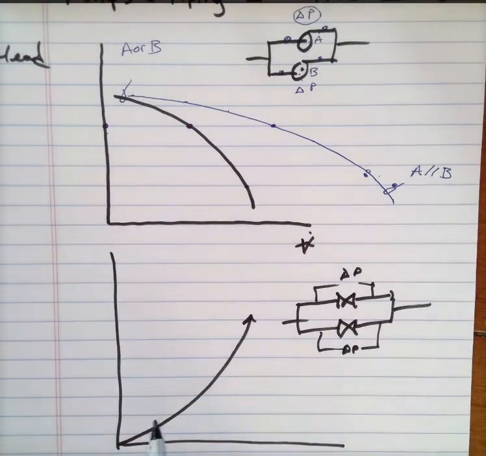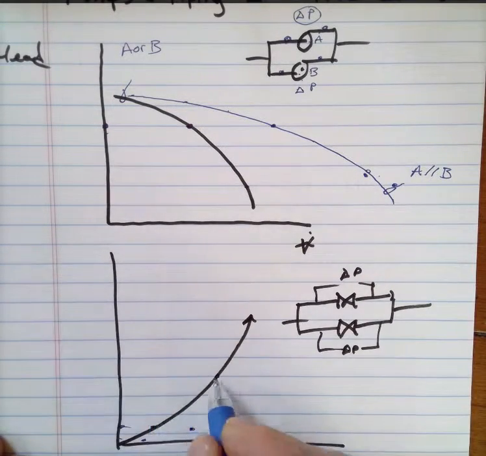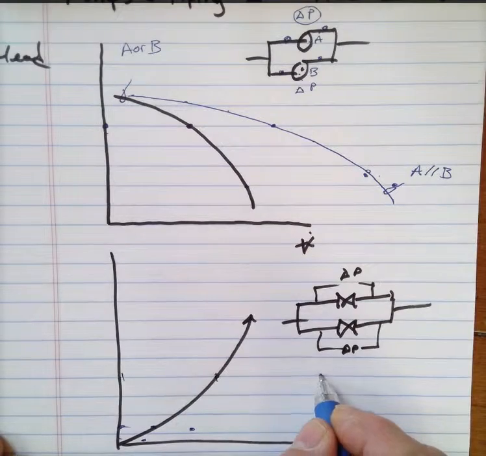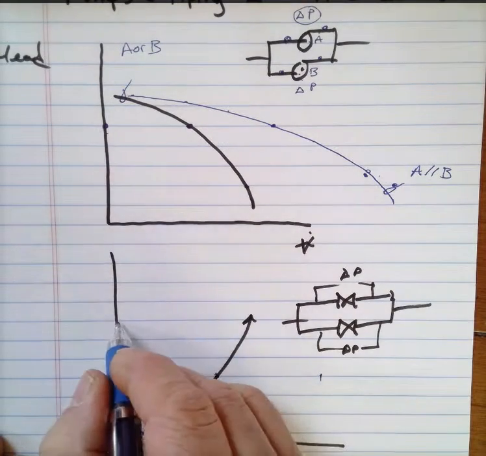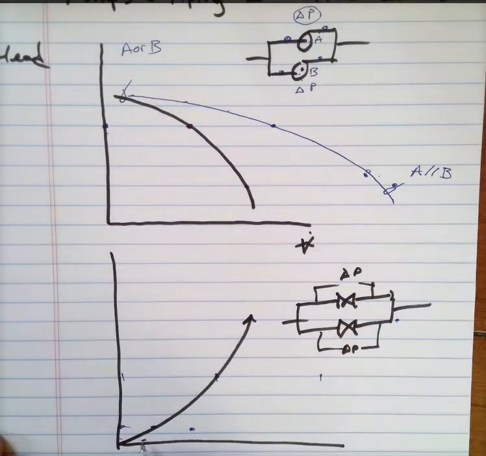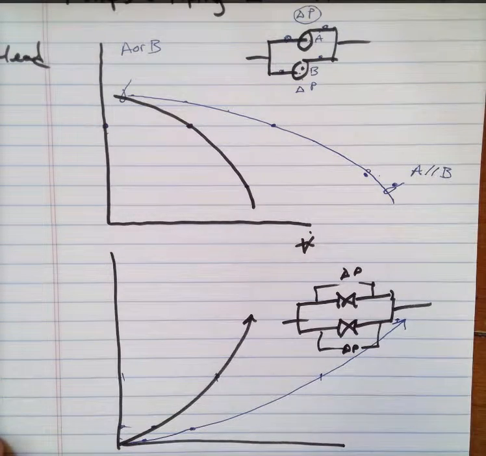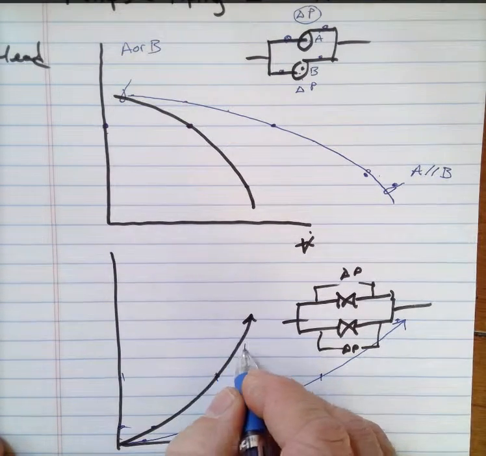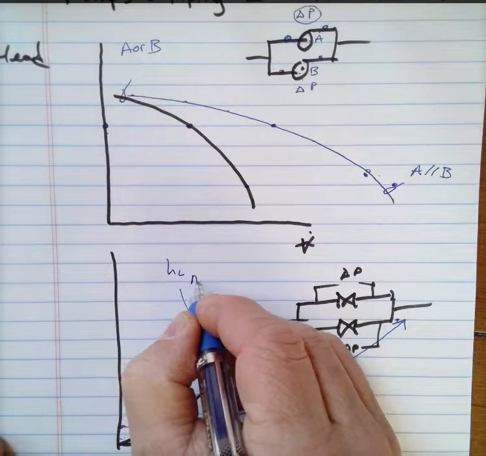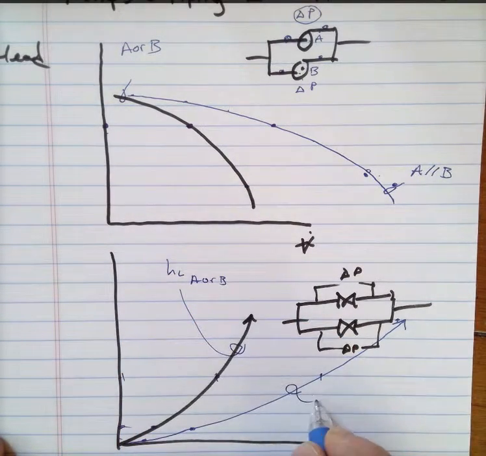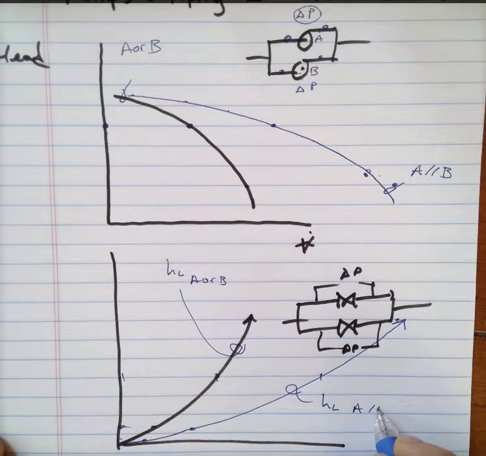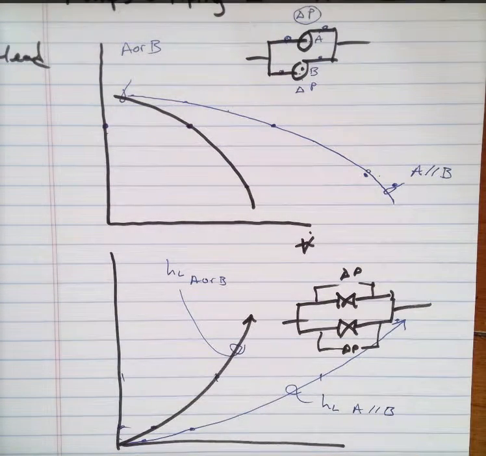So just like we took any point here and said, this is the flow rate, now we double it. This is the flow rate, maybe that's 1 1/4 inches, now we go out another 1 1/4 inches. And this is 2 inches, now we go out another 2 inches. And so this is graphical addition. So if this is the head loss curve for A or B, this would be the head loss curve for A parallel to B.